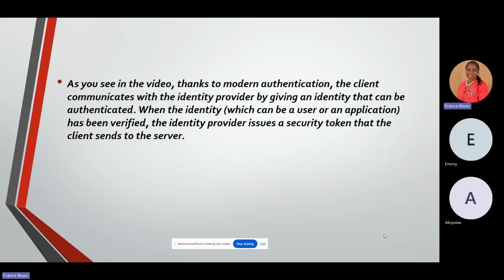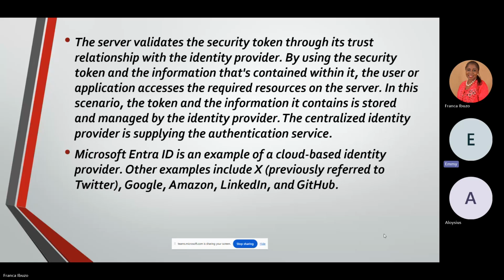So another thing I'd like us to look at is this: the server validates the security token through its trust relationship with the identity provider.